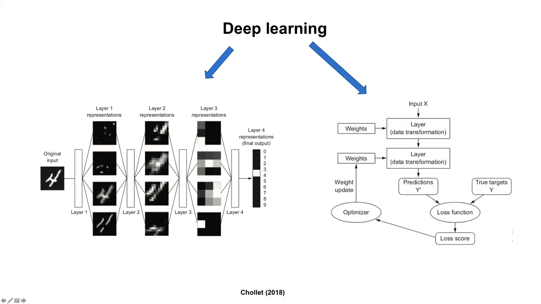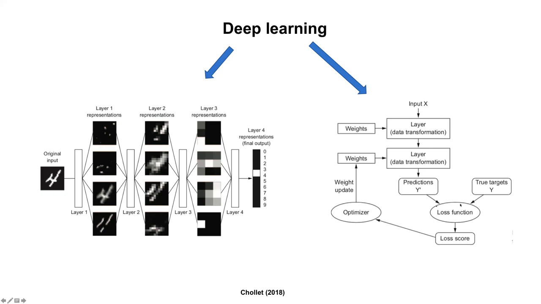The learning part is represented like this. We have our input, layers, and our output. These layers are controlled by weights. They are specifications of what a layer does to the data. It's basically a transformation that's parameterized by the weights. We get our output and compare it to our true targets, and we calculate a loss function.